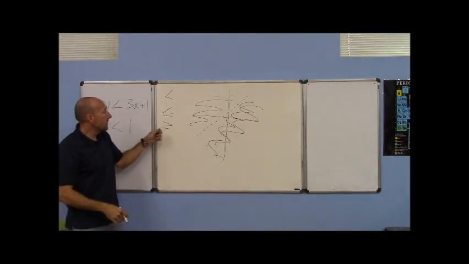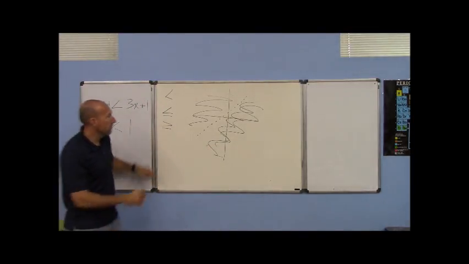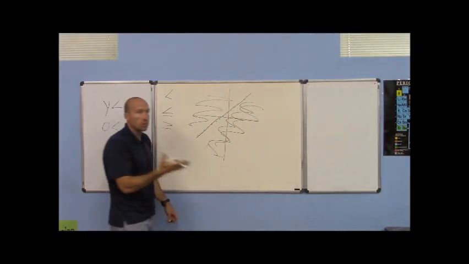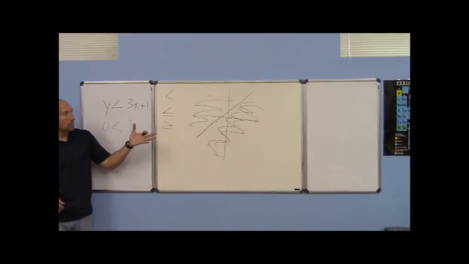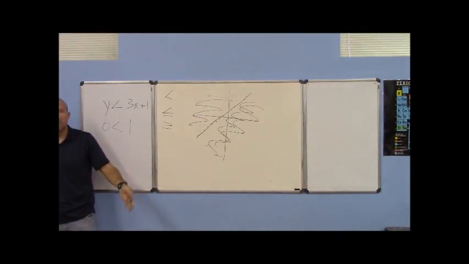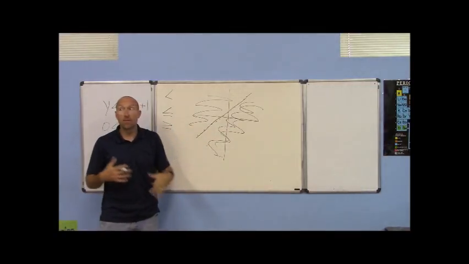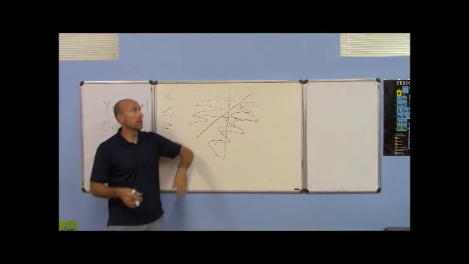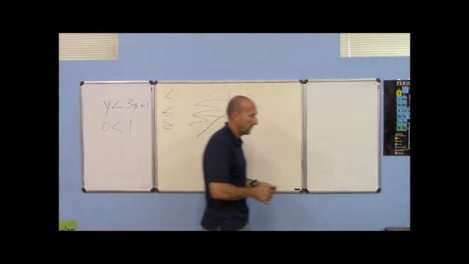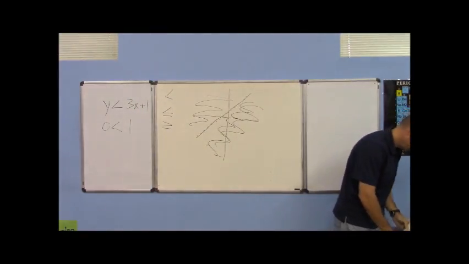Same thing if it's a greater than or equal to, it will be a solid line. But you still choose a coordinate point on one side or the other. If it ends up being a true statement, then you shade in that area. If it's a false statement, then you shade the other side of the line. Make sense? Easy enough? Awesome.